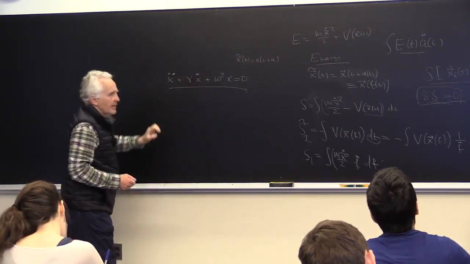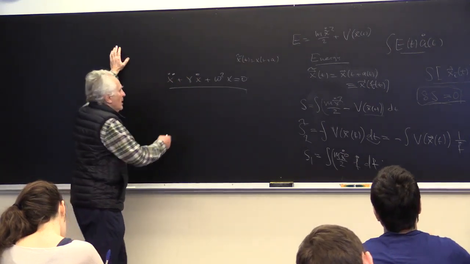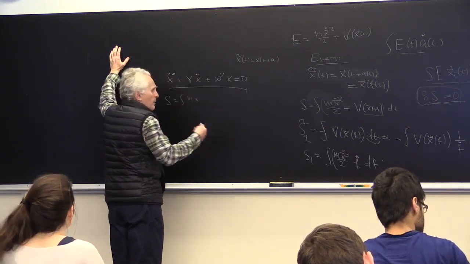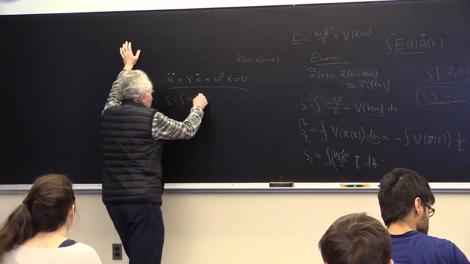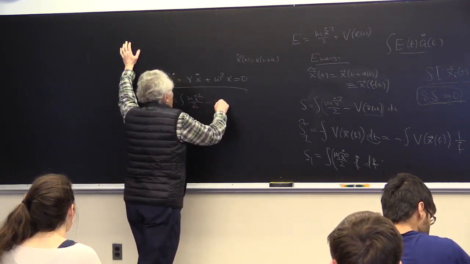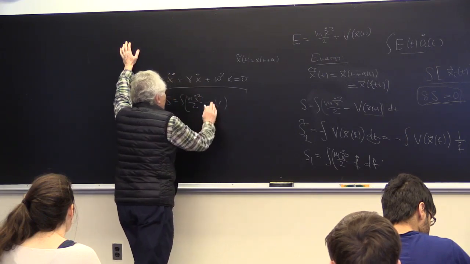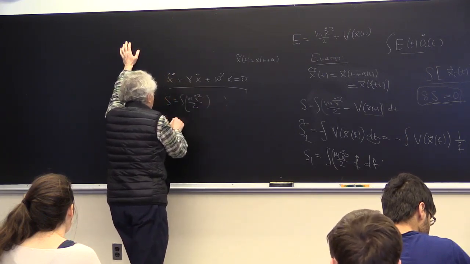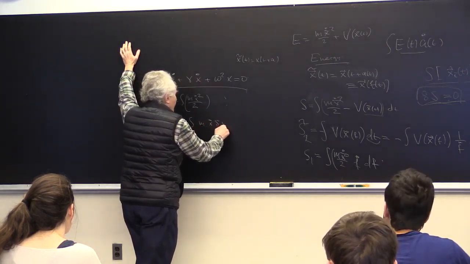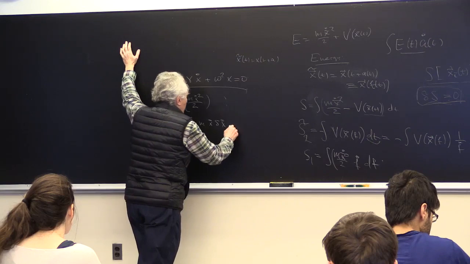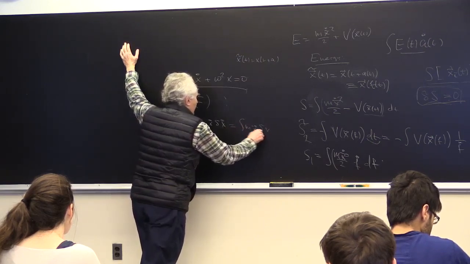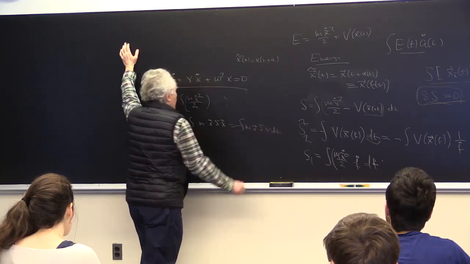Let's analyze this simple example a little more. This discussion will be instructive and useful. When we have this action, let's forget about the potential. We did this variation. We integrated by parts, and we got m x double dot delta x dt, and so on.